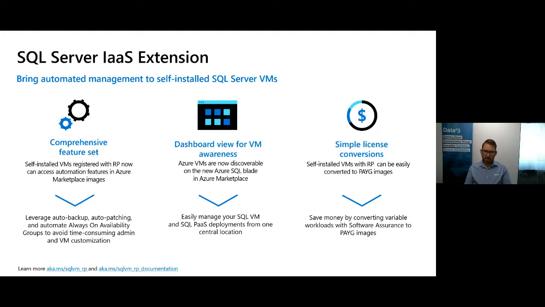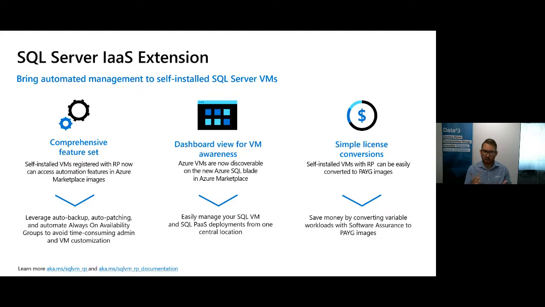There's a set of services known as the SQL Server IaaS extension, which is basically a plugin on the VM that gives you some PaaS-like capabilities for running your SQL environment in the cloud. And so there's all the automation such as auto backup, auto patching, and Always On availability automation around that, which is time consuming, and will happen for you in the resource provider there.